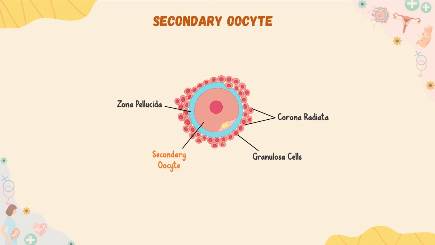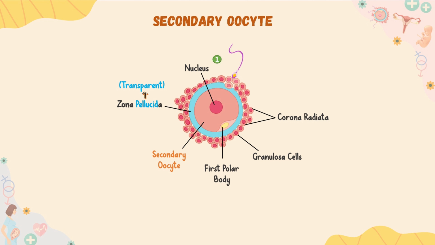Now, the word pellucida is from the word pellucid, that means transparent. So, the zona pellucida is a transparent but thick glycoprotein membrane that surrounds the cell's plasma membrane. Here, you can see the first polar body, and here is the nucleus.